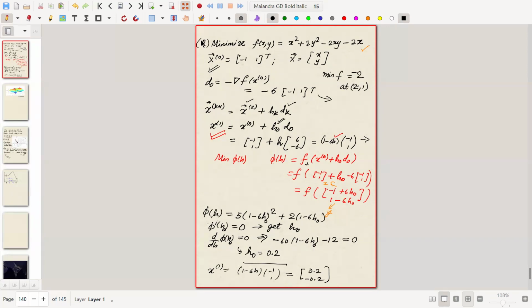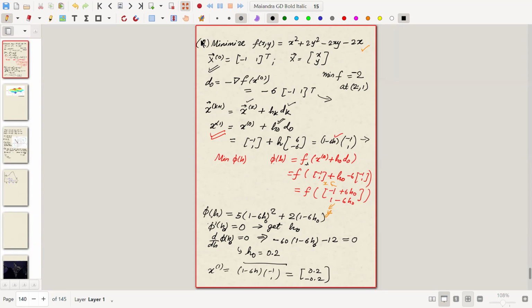Then you evaluate phi of h, which will be a function of h. Yes. And it's a function of only one variable. How will you find the optimum value? Take the differentiation, set it to 0. That's how you find the extremum, right? So h naught you find is 0.2. Okay, once you find h naught equal to 0.2, you put it here in x1, and find the next iteration value.